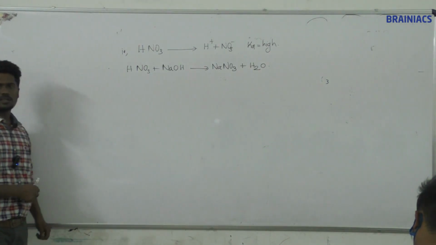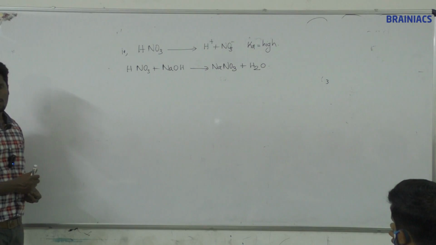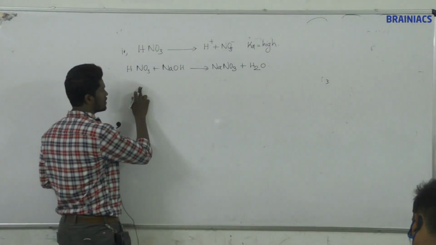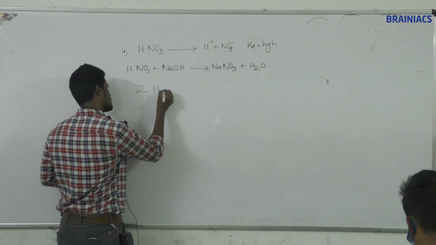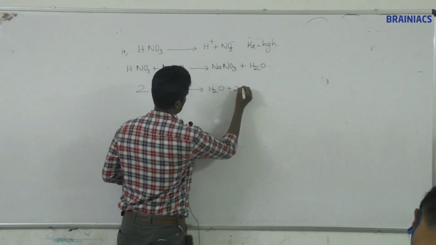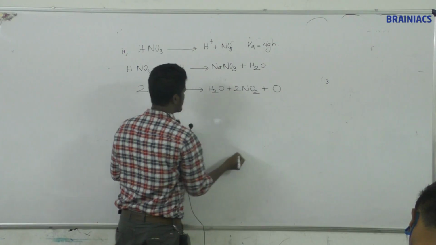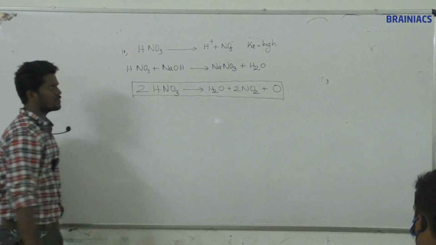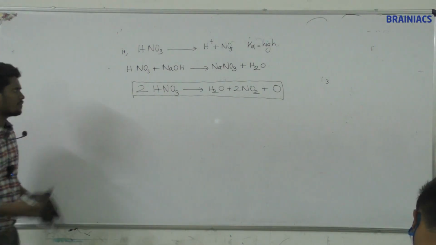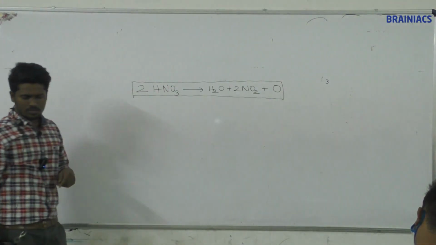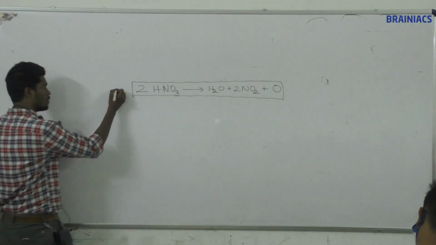So is HNO3 an oxidizing acid or a non-oxidizing acid? Oxidizing acid. So why is it an oxidizing acid? It decomposes to give nascent oxygen. It is a strong oxidizing agent due to decomposing to give nascent oxygen or monoxygen.